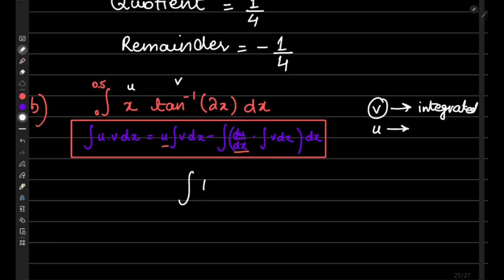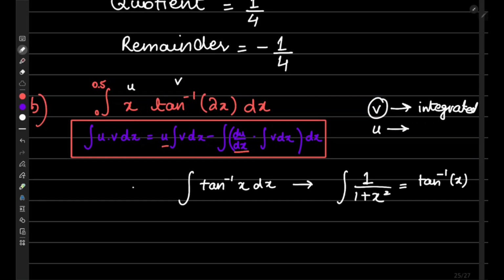If you take this to be u and this to be v, your v needs to be integrated. There is no formula for the integral of tan inverse of x. There is nothing like that given to you. What is available is that the integral of 1 over 1 plus x square gives you tan inverse of x, but there is no integral for tan inverse of x itself.